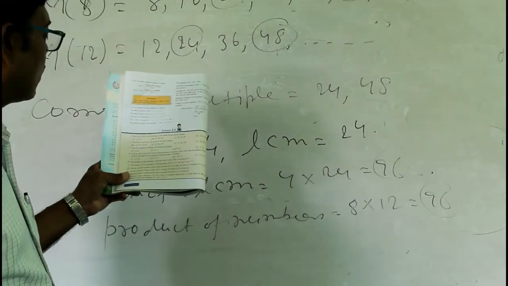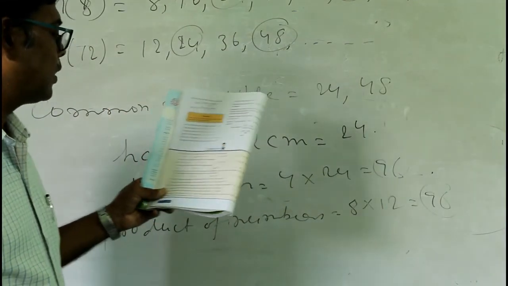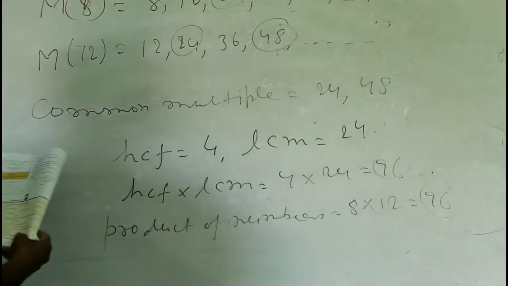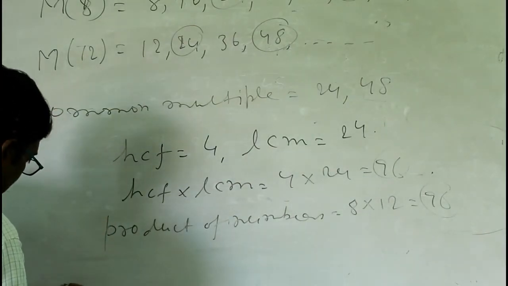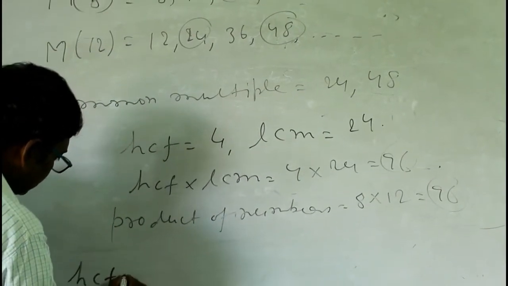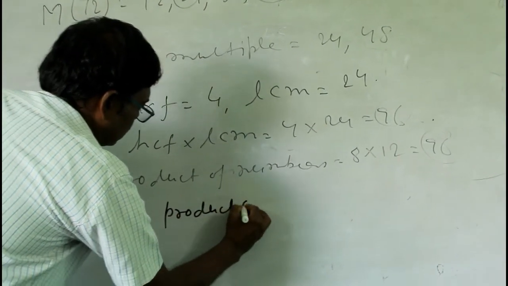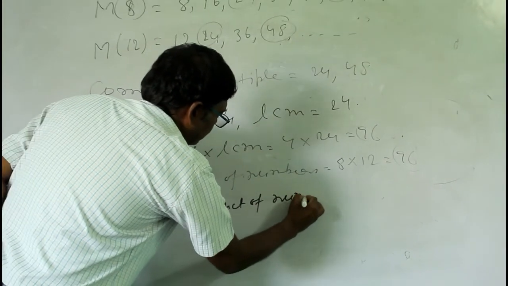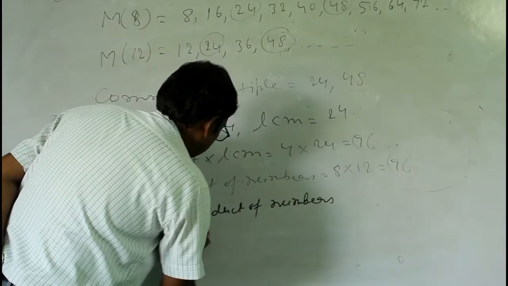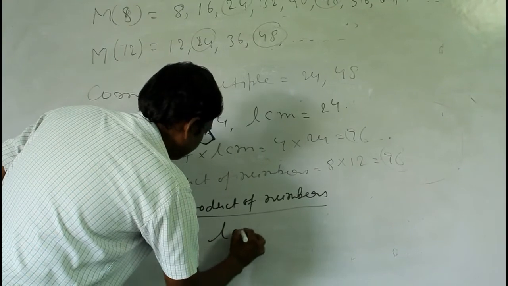Here you are given the product of 2 numbers is 800 and the LCM is 400. So find the HCF. So here you will write HCF equal to what? HCF is equal to the product of numbers by their LCM.